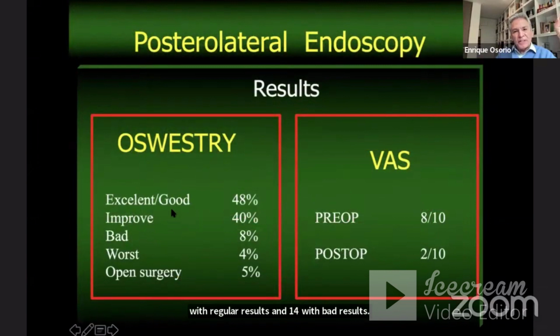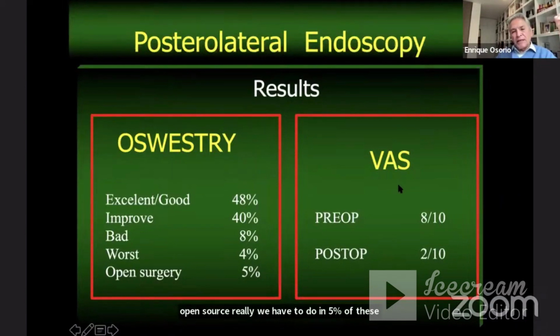And for the Oswestry, we had excellent and good results in 48% of the patients, improved in 40% of the patients, bad in 8% of the patients, worse in 4% of the patients, and open surgery we had to do in 5% of these patients.